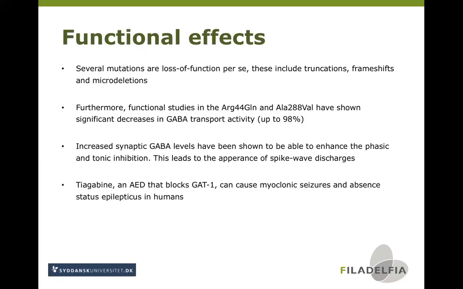And also, as I mentioned in the beginning, if you give tiagabine, which is an anti-epileptic drug that blocks GAT1, it can actually cause both myoclonic seizures and also absence status epilepticus in humans. So that supports this theory of why loss of function in these transporters can lead to epilepsy.